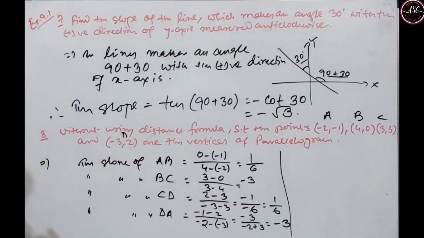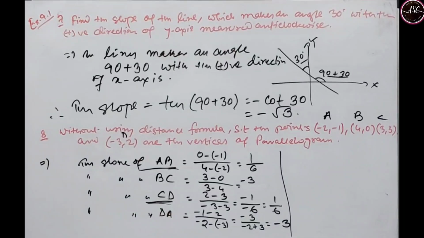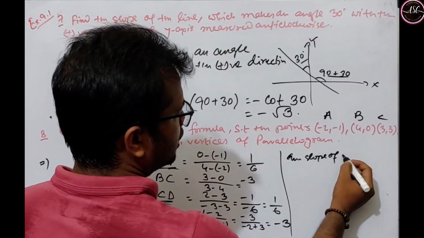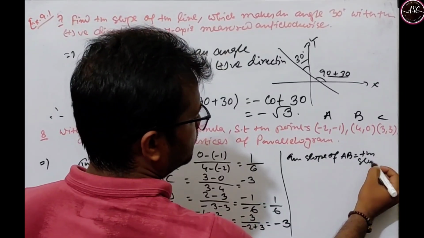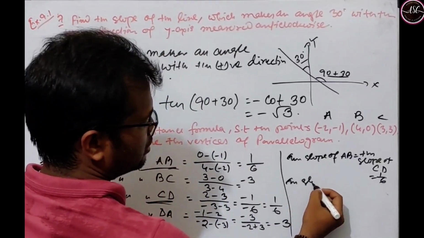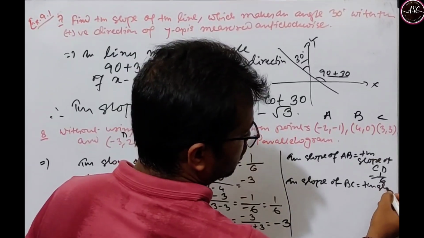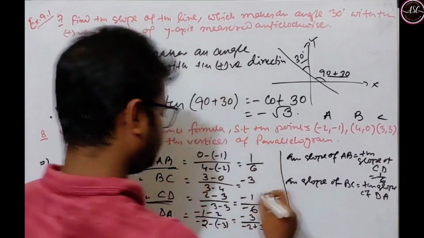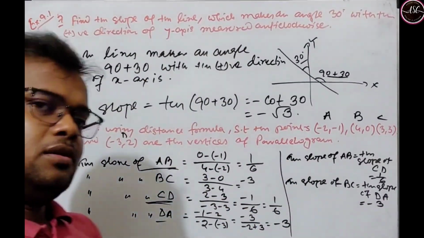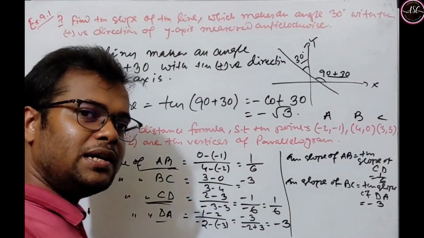Here just look, the slope of AB and the slope of CD are equal, both equal to 1 by 6, and the slope of BC and DA are equal, both equal to minus 3. When the slopes of two lines are equal, then the lines are parallel, as we have learned from the condition of slope.